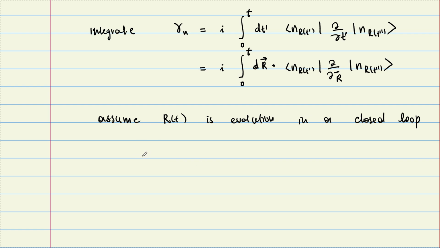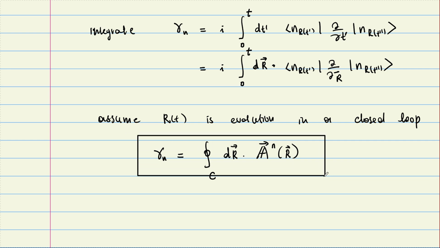In that case, gamma n is going to be equal to the integral over this loop, whatever the loop is, of r dot times A n, which will depend on r.